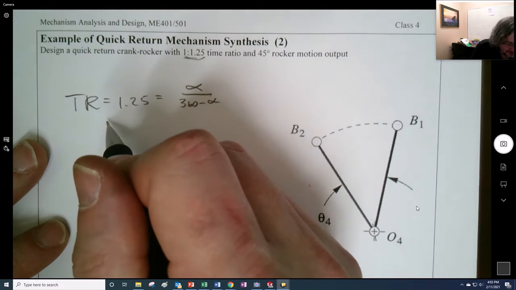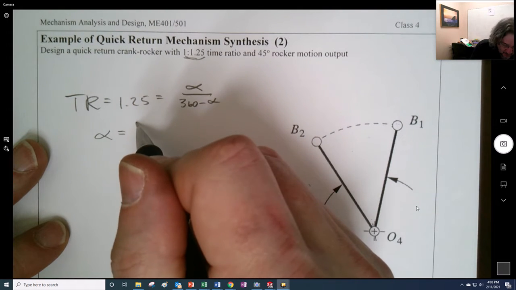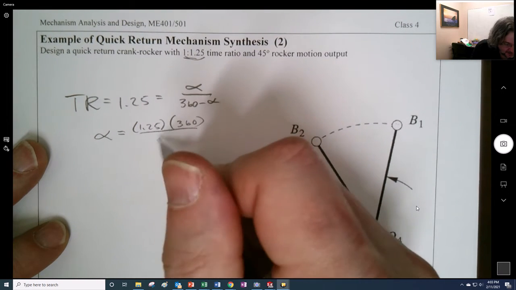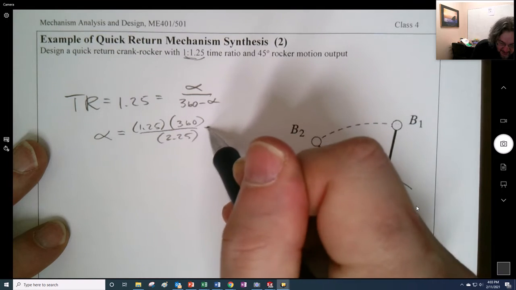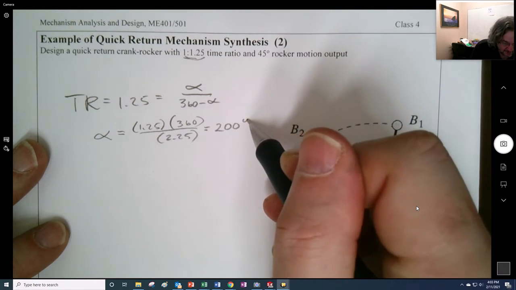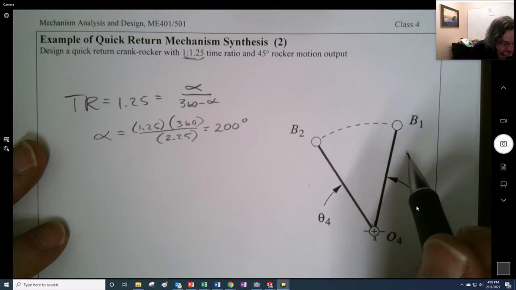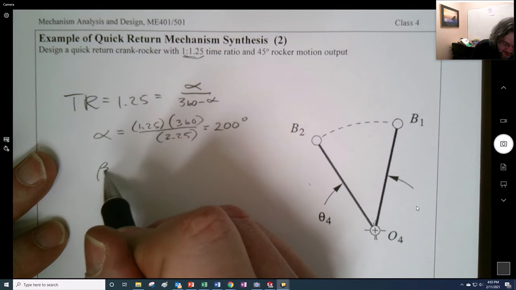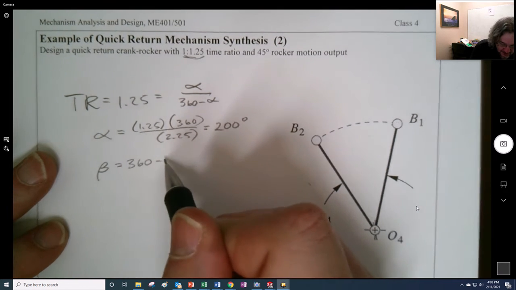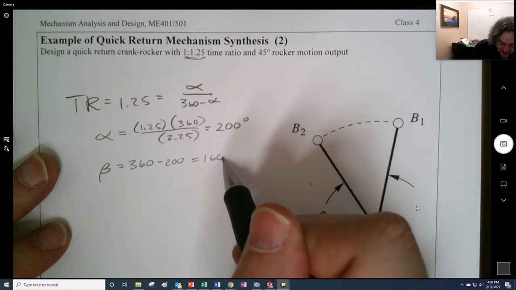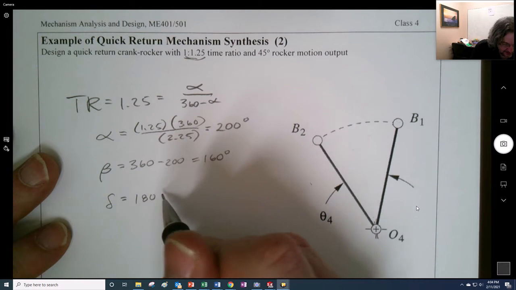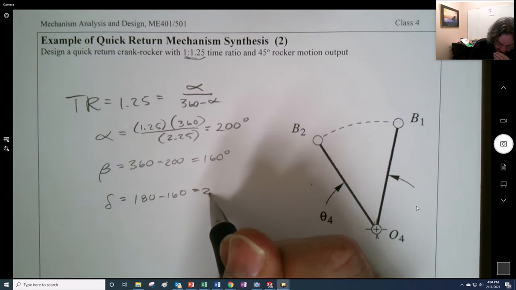Doing a little bit of math here, we can turn alpha as 1.25 times 360 divided by 2.25, and that's going to end up being 200 degrees. Yeah, okay, that makes sense. And therefore beta is equal to 360 minus 200, or 160 degrees. We have alpha and beta. We have delta be 180 minus the 160, or 20 degrees. Great.